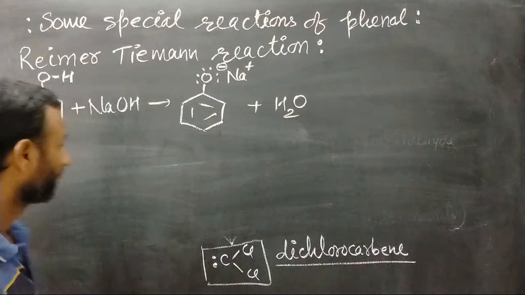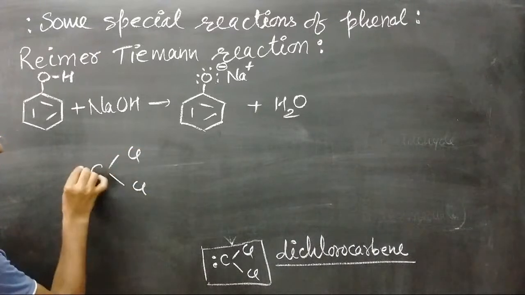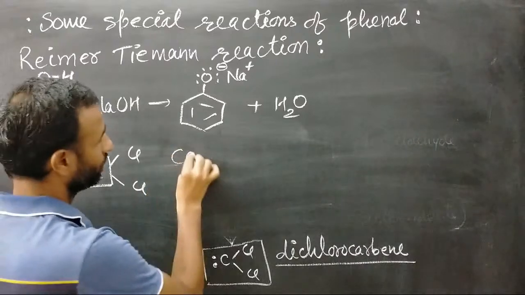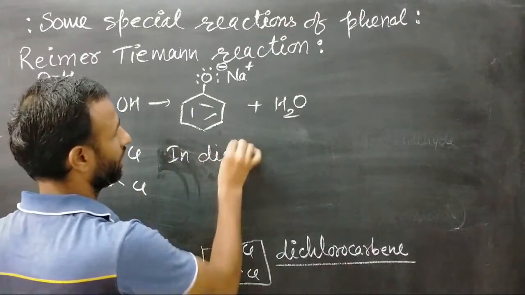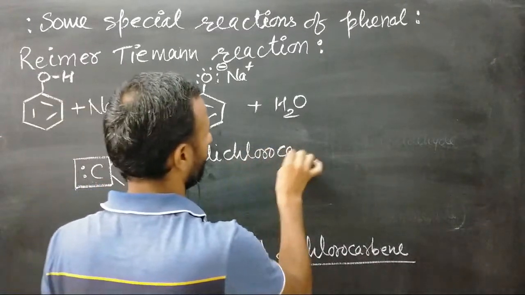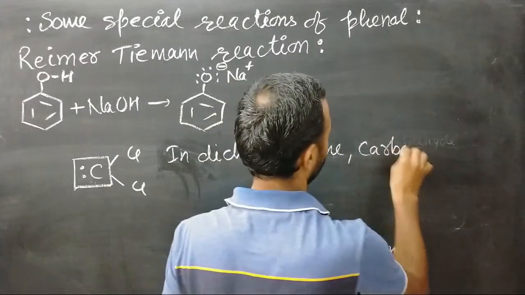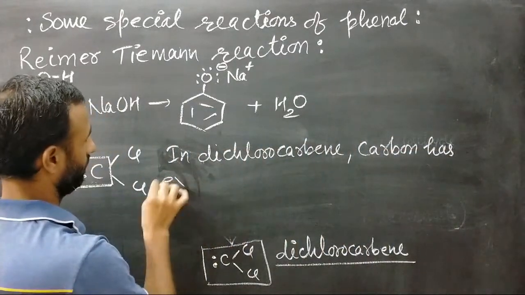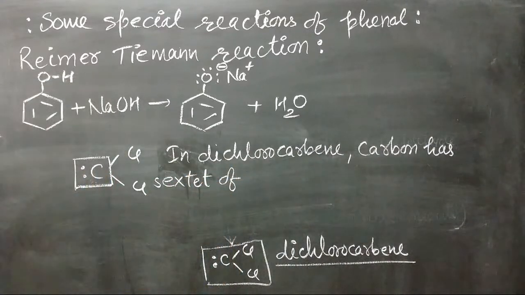You know, in dichlorocarbene, carbon has a sextet of electrons.